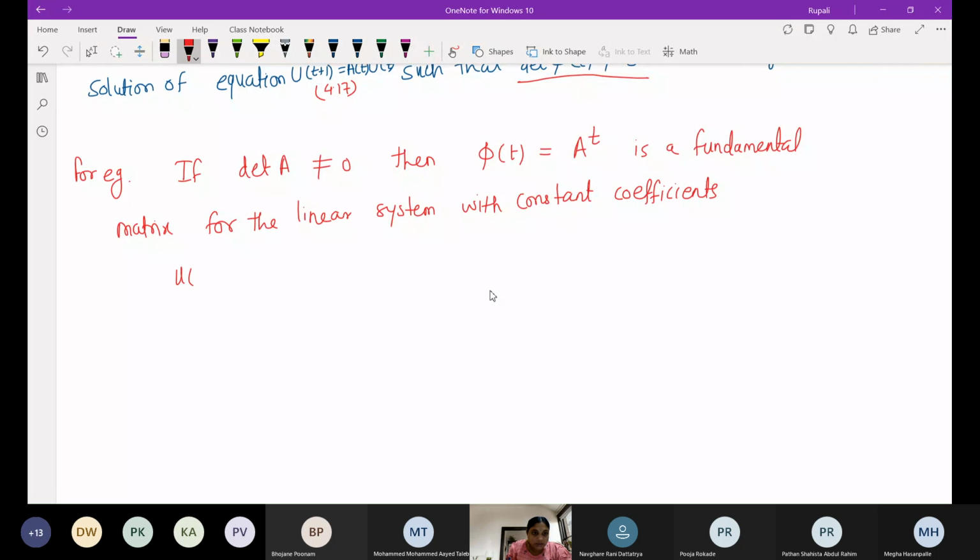What is that system? We have already seen u at t plus 1 is equal to A times u at t, where A is a constant matrix.